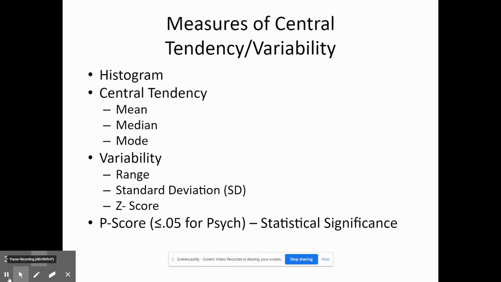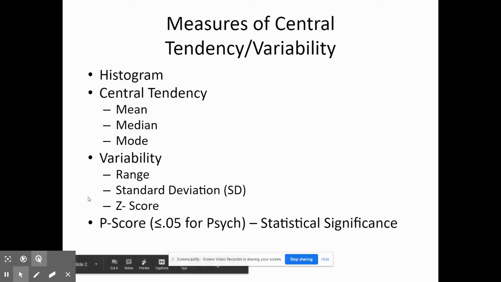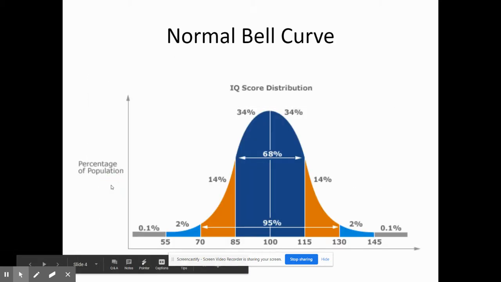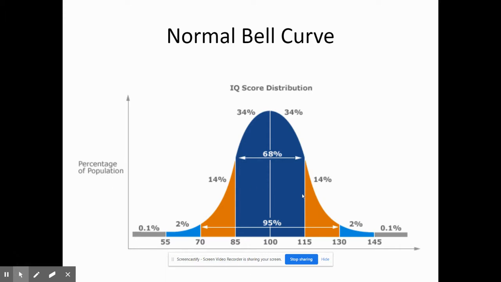The z-score is basically the measurement of the number of standard deviations that a data point is away from the mean. So, for example, if we look at our normal bell curve again, we can see that a z-score of 1 would be any number from 100 to 115, but also any number from 85 to 100.